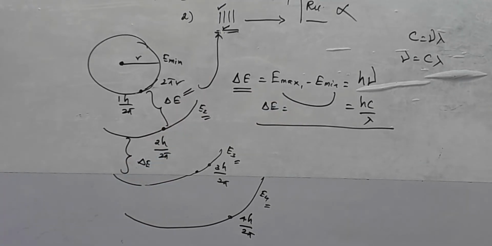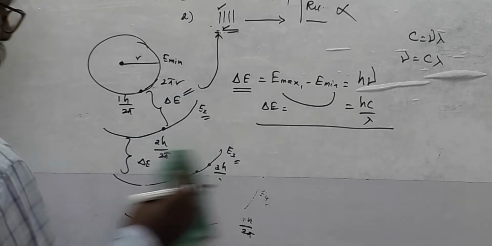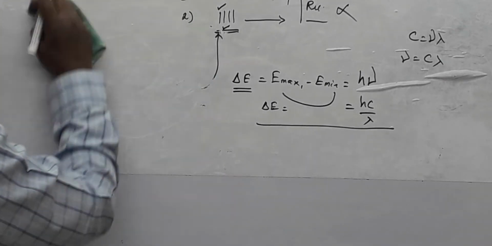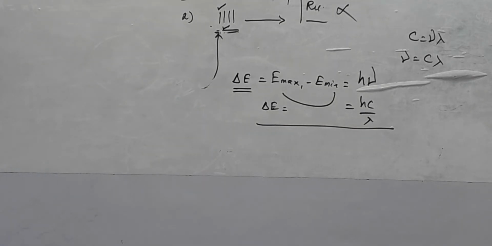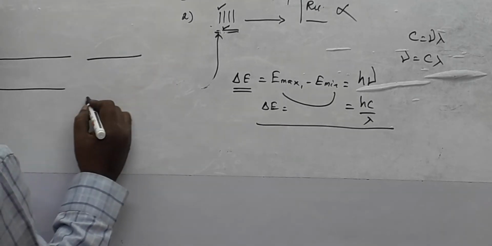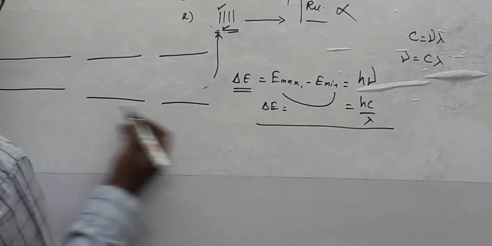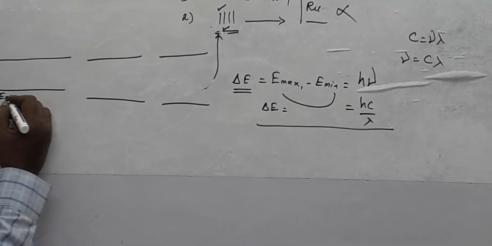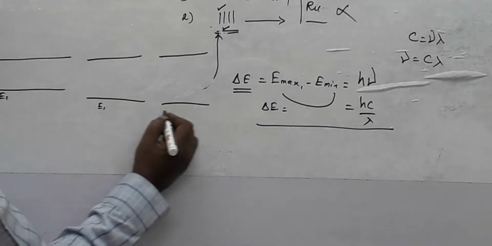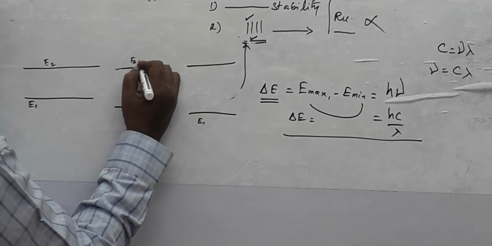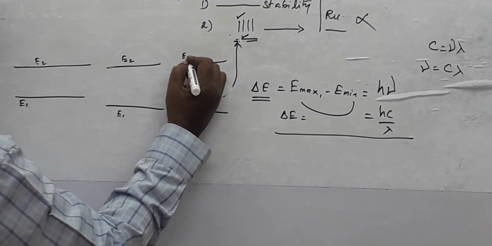Now, the line structure can be obtained, or if you need some more examples, I will give another explanation. How can we obtain it? Suppose there is an energy level of 3, this is called a higher energy level, this is called the first orbit E1, and this is called E2.